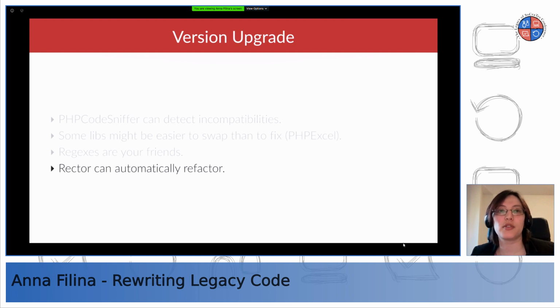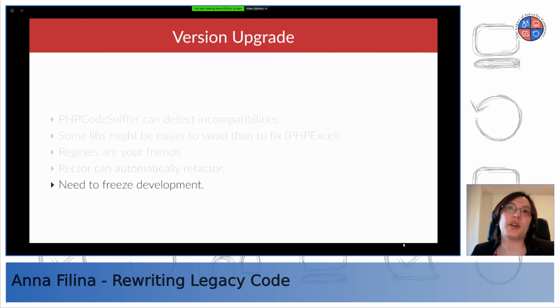in a project. Those projects aren't always small. Some of them can have hundreds of thousands of lines of code. You don't want to do them manually. And the problem with version upgrade is that you often need to freeze development, because if you start working on new features in the old version, you're going to move code around, and then by the time you're done with the version upgrade, code has diverged, and now you have to debug things all over again.